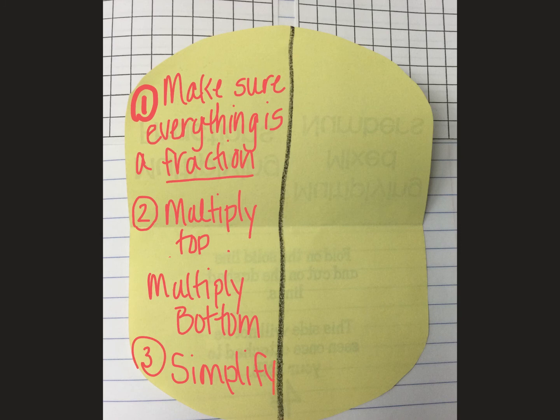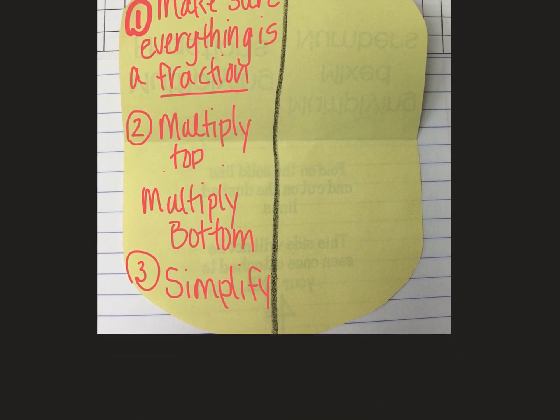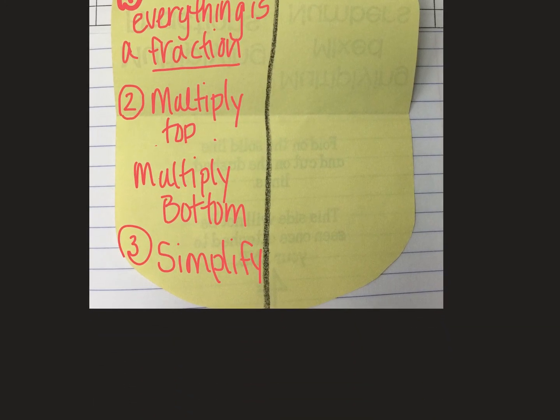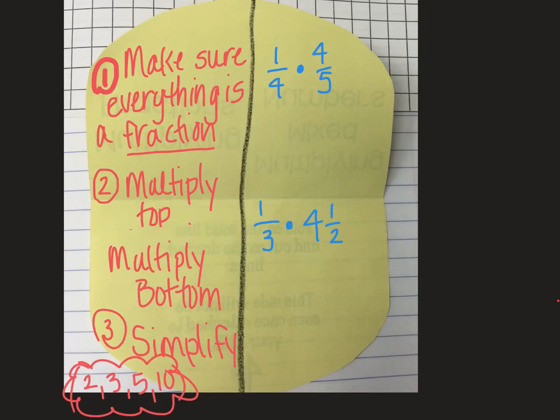Remember that when we are simplifying, the best numbers to use are 2, 3, 5, and 10. Those are the most common ones that we use to simplify. Okay, so let's do some examples. Write down the two problems and try to solve them using the rules that we just wrote down. Pause the video.